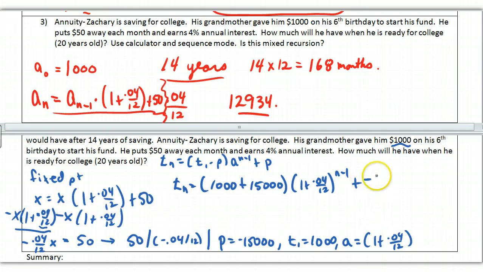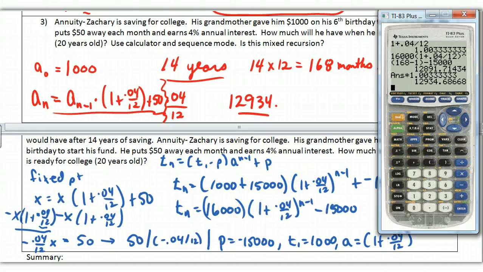My p value is negative 15,000. There's my closed form. I can maybe clean this up a little bit. T sub n is equal to 16,000, and then this a sub 1.